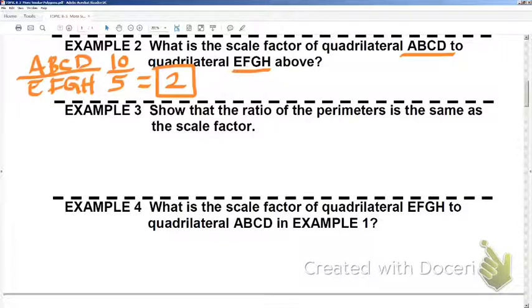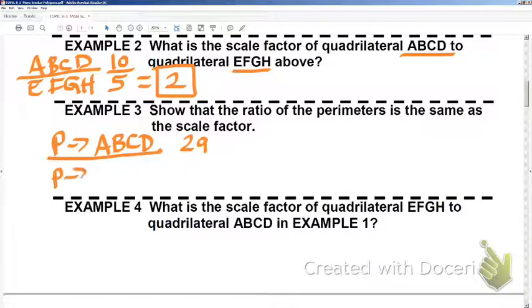On example 3, it says, show that the ratio of the perimeters is the same as the scale factor. Well, if we find the perimeter of quadrilateral ABCD, we would add 10, 5, 8, and 6 together, and that would be 29.